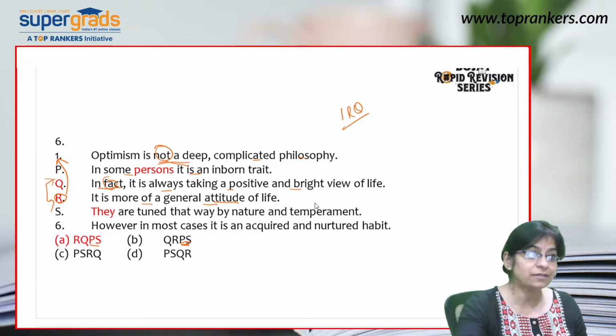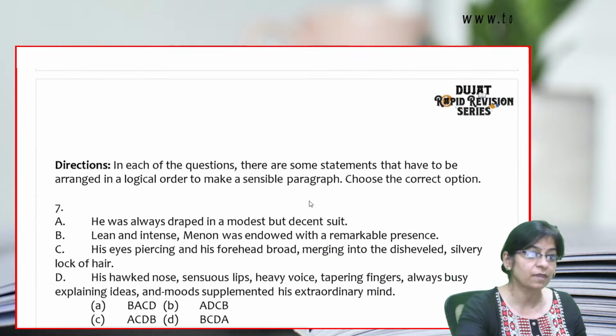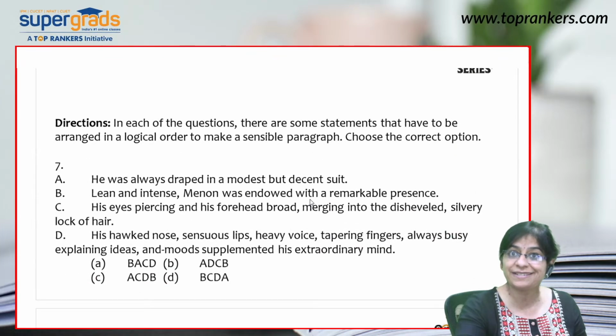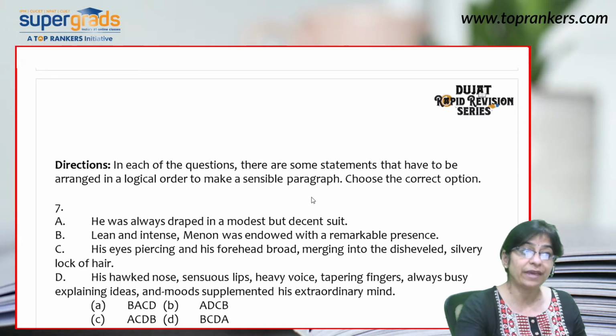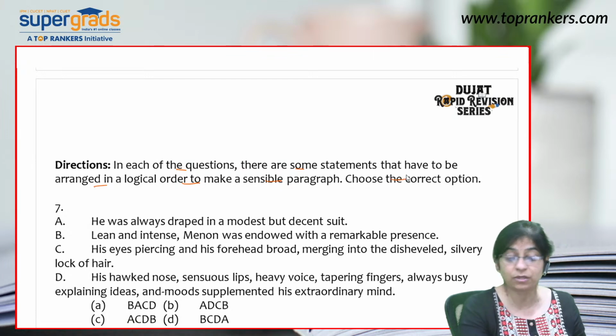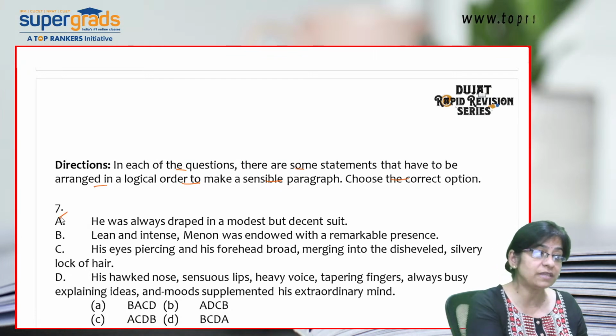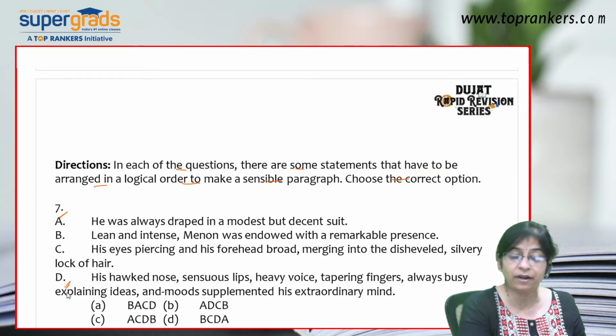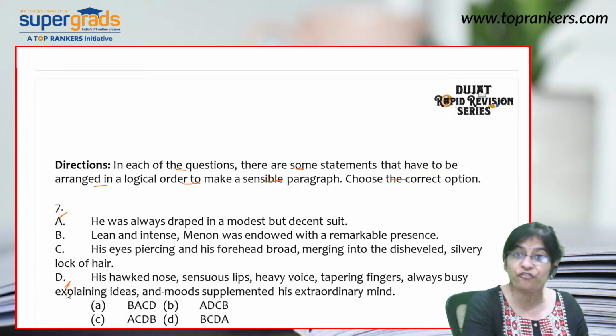Right, now let's look at the next question. Okay, here we come to a different section where the question says, in each of the following questions, there are some statements that have to be arranged in logical order to make a sensible paragraph. You have to choose a correct option. Now, here I don't see any fixed first and last part. So, this one is an open parajumble with no fixed parts.